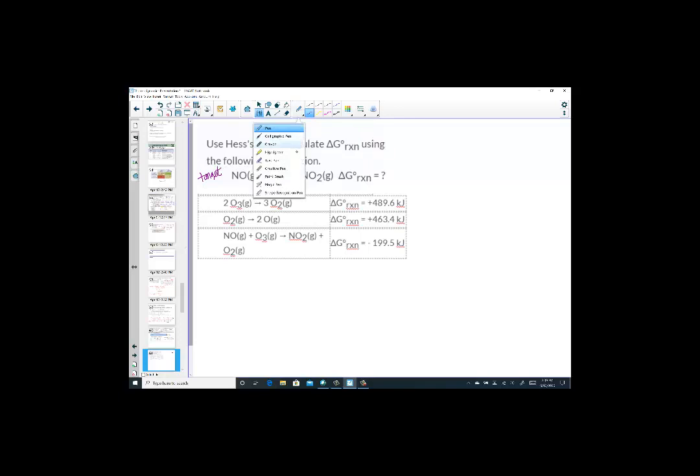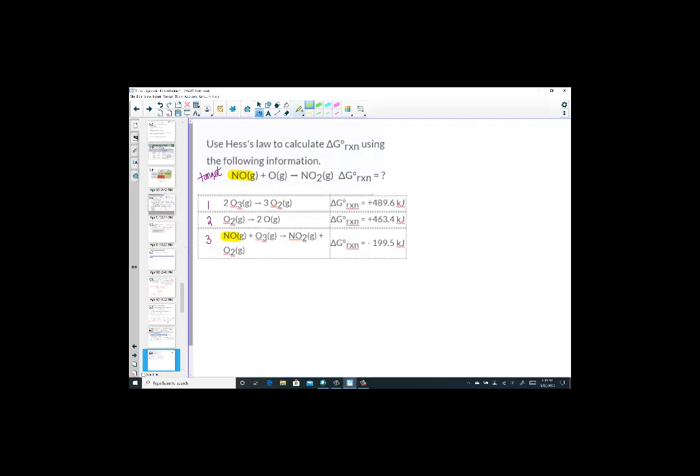Remember, my strategy says, for no particular reason other than it's written first, I look at the first reactant of the target, NO, and I go into the elementary reactions and I try to find where I locate that. I want to see what side of the arrow it's on. I want to see how many I have. So with NO, I find it in the third elementary reaction. Here's what I like.